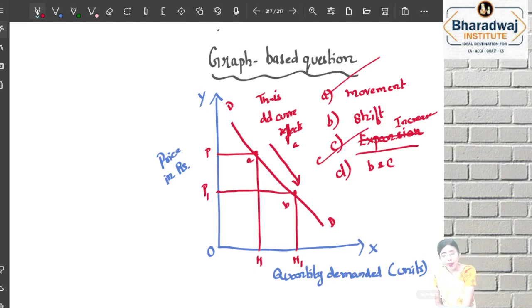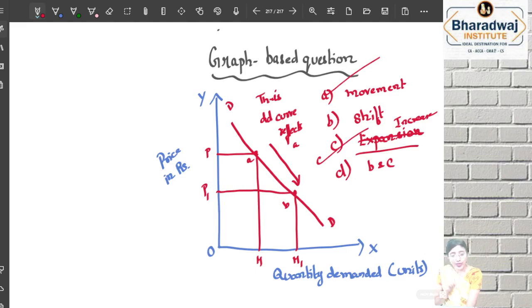If by chance they're showing increase, decrease both, then can we choose movement? I didn't understand. If they show the proper graph type where they are showing both expansion and contraction, how will they show here? How can they question you like that? Why should they show the graph that way?